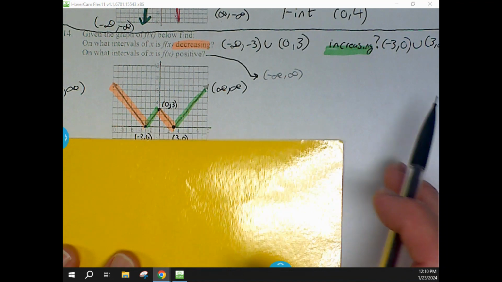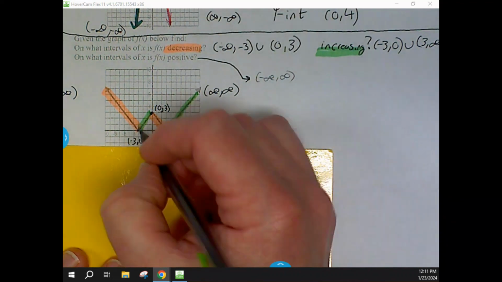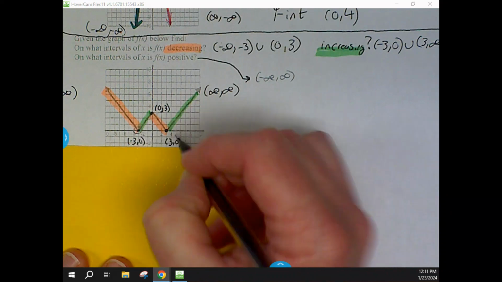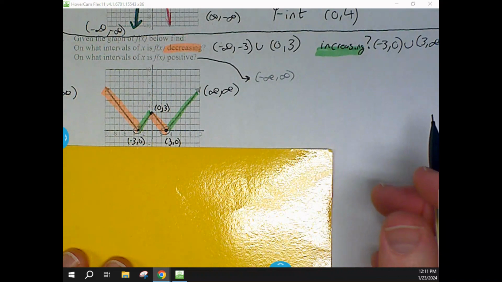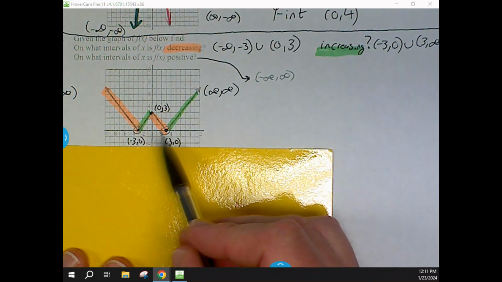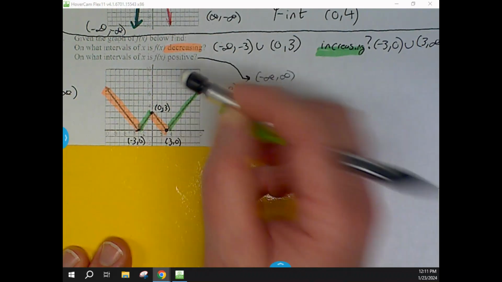But it's not, because those 2 points are on the x-axis, so you have to leave those points out. They should have just had an open circle here. If they had open circles, then we could have said, yeah, it's negative infinity to infinity, and we would have skipped around the 3 and the -3 because that was messing up. So that's the answer they wanted, but that's not the correct answer.